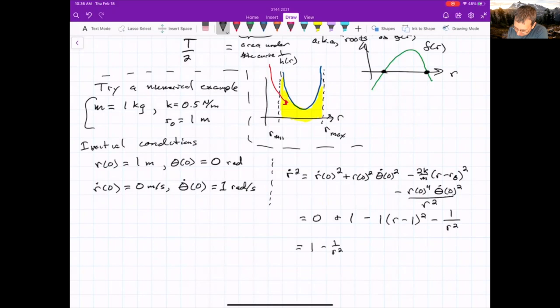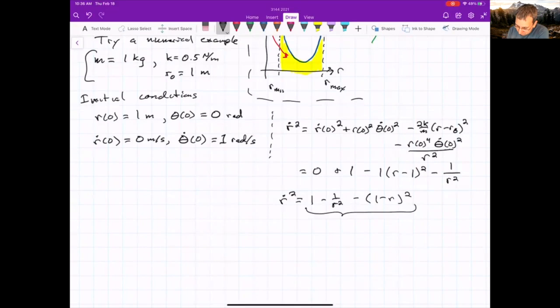Let me just rearrange it. It looks like that. It doesn't matter if you call this R or X for doing integrals and things. So this is what f of R becomes for this choice of initial conditions and parameters: mass, stiffness, and equilibrium length.